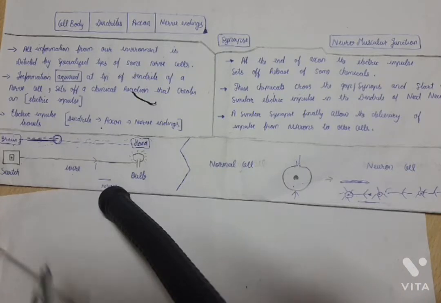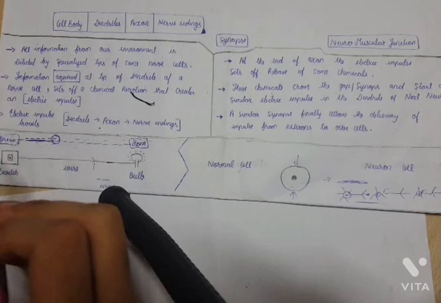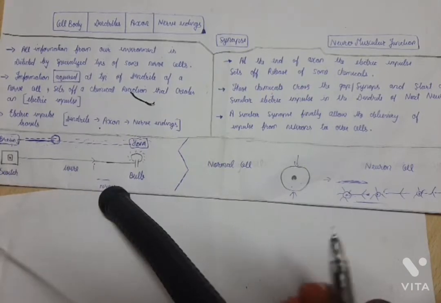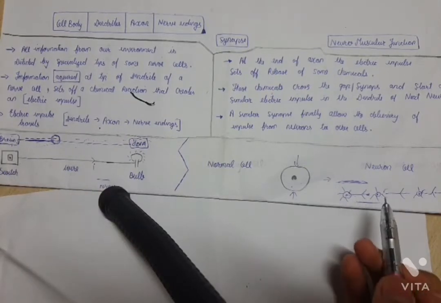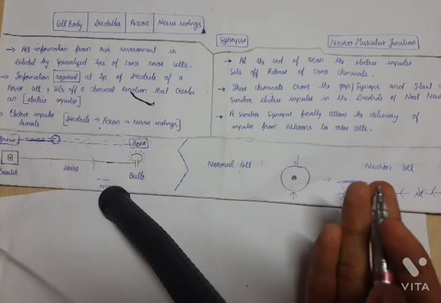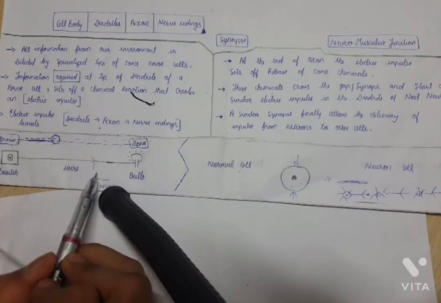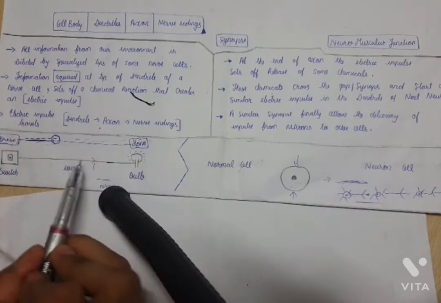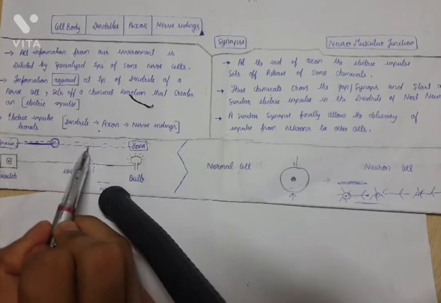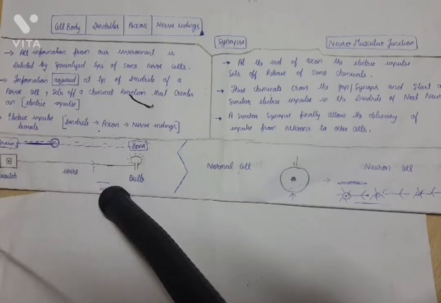The information which the brain gives to the hand travels through the neuron. So we can simply say that the information travels through the neuron, likewise the current travels through this wire.